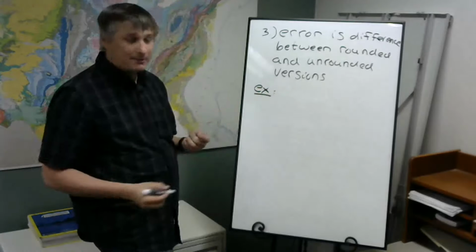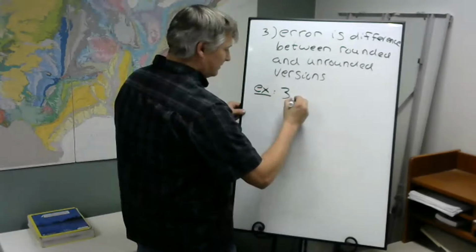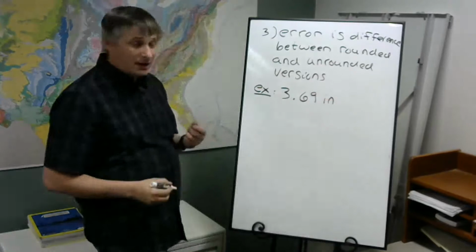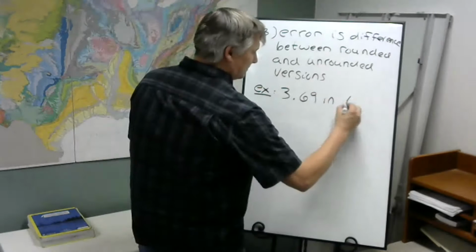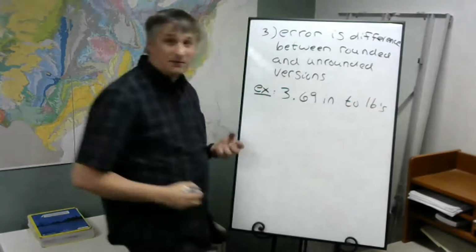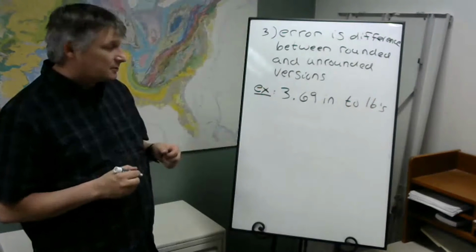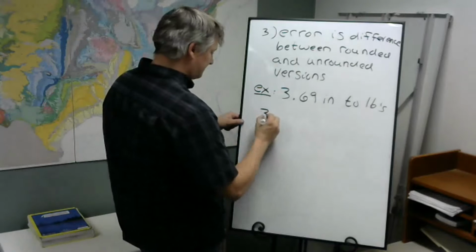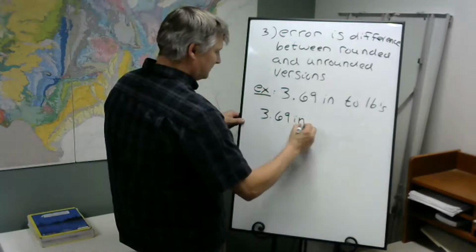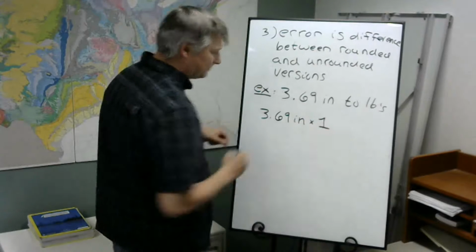So first off, let's say we're going to convert 3 69/100 to 1/16 of an inch. So what we'll do, 3 69/100, we'll multiply by 1.